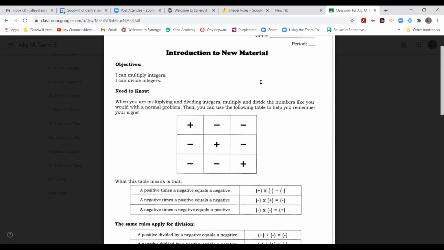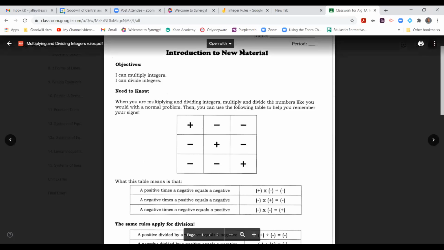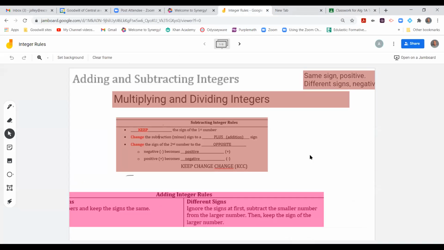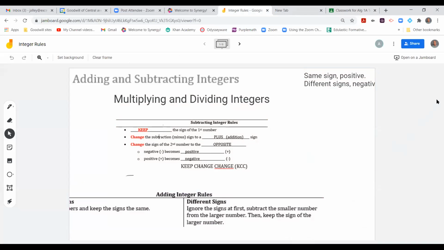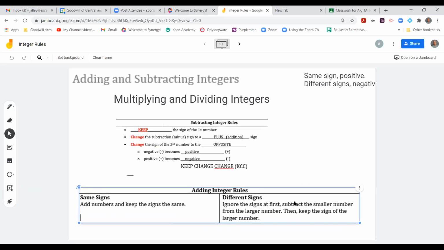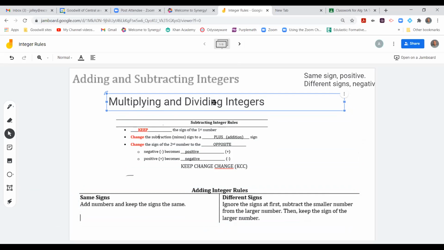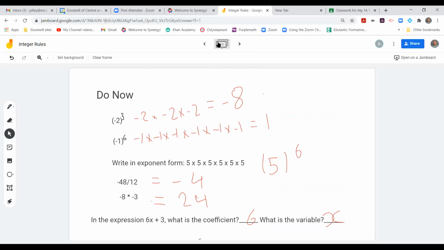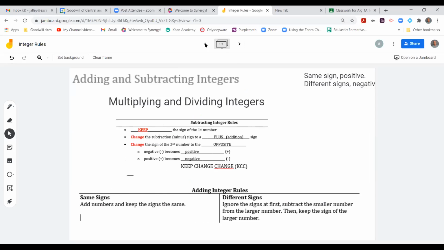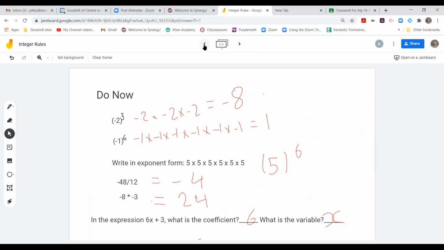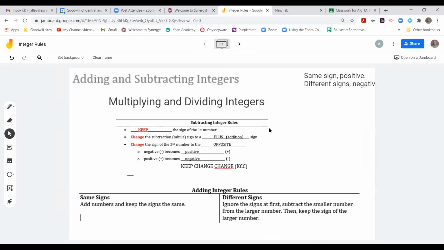So I'm going to go back to that Jamboard real quick. And here's those same things that are kind of filled in. Subtracting integers, multiplying and dividing. That's on the wrong page. Somebody's moved it. Oh, somebody eliminated the page.